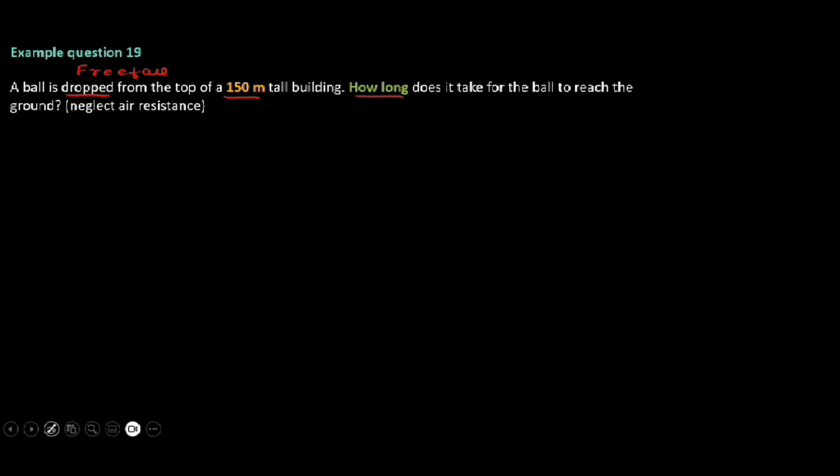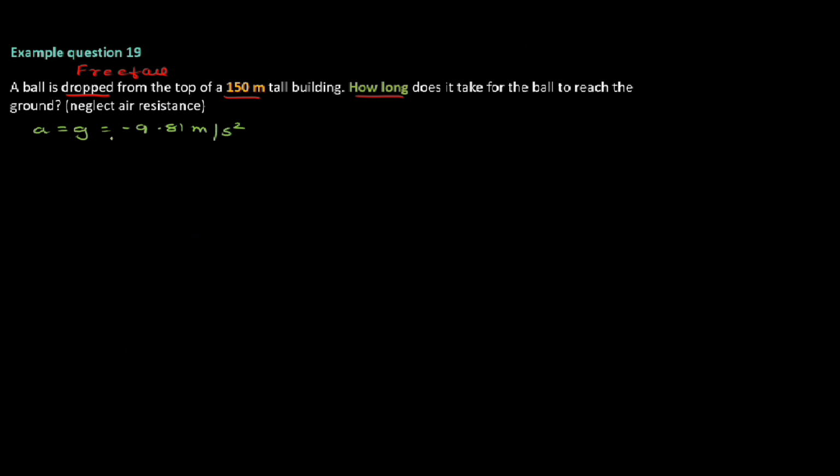And if we are talking about free fall motion, that means the acceleration is equal to g, which is negative 9.81 meter per second squared. This information is not given to you. You need to look at the keywords in the question to understand whether this is free fall motion, motion along the y-axis, or motion with constant acceleration along the x-axis.